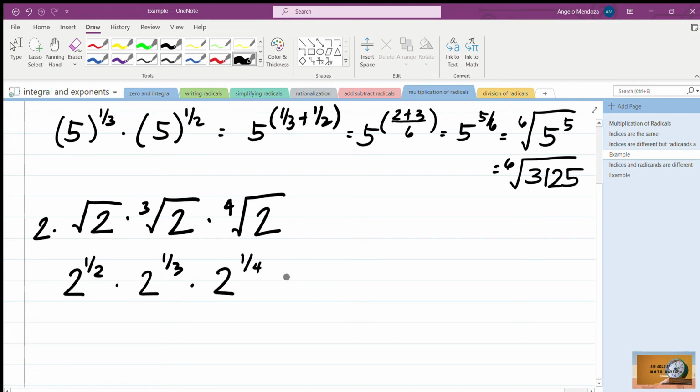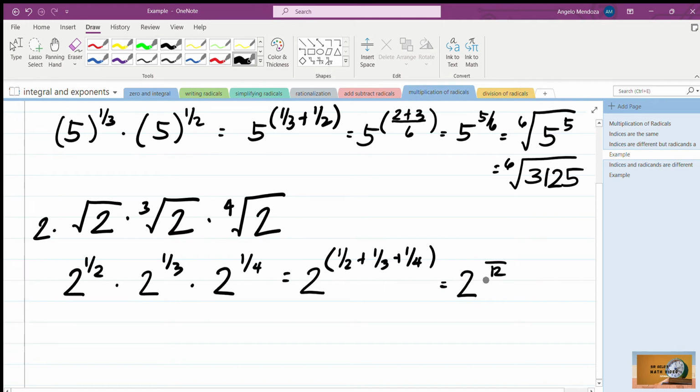Then we rewrite first 2 followed by 1/2 plus 1/3 plus 1/4. So the LCD here will be 12.